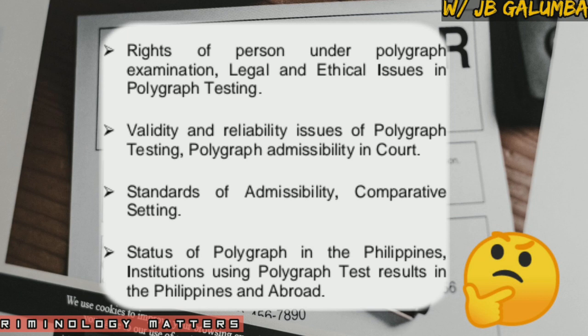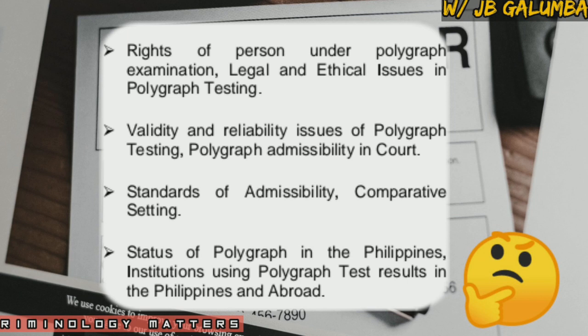That's really the rule. That's the legal guideline that we should follow. We cannot force anyone to subject himself to polygraph examination. He can only be subjected to polygraph examination if he allows it or he waives his right against self-incrimination. So we're going to be talking more on that when we reach this specific topic.